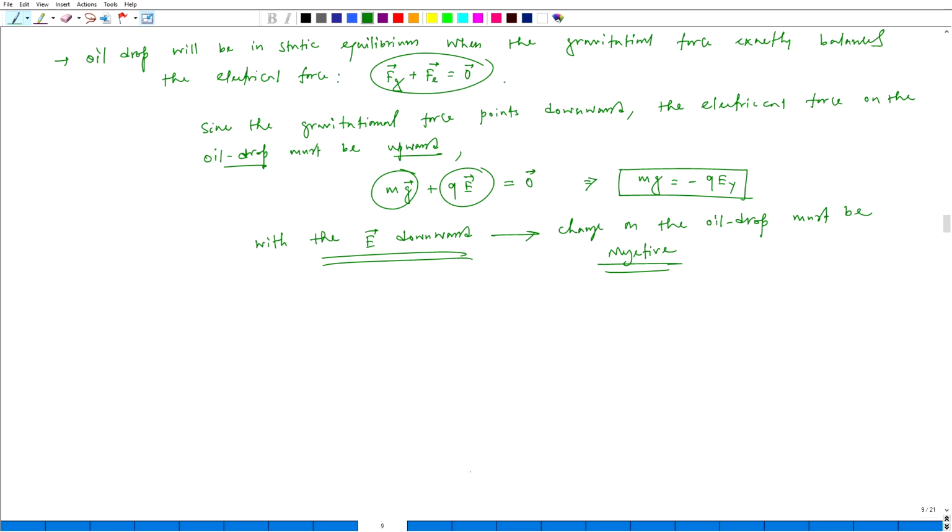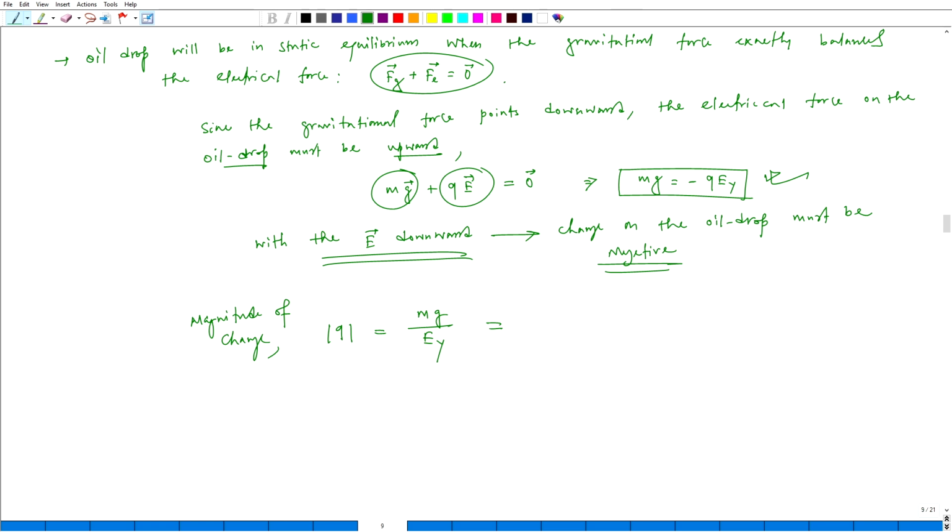Now we calculate the magnitude of the charge. The magnitude of charge q is m g over E y, from this equation.